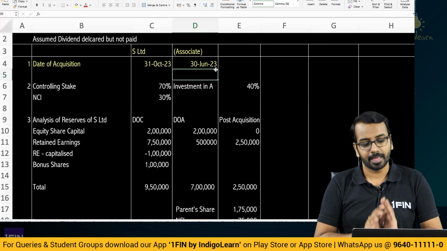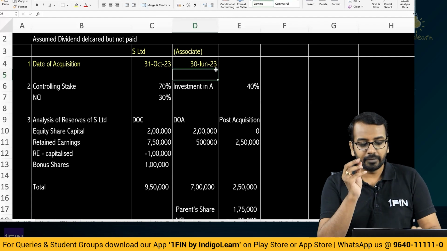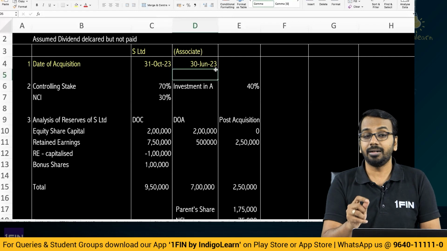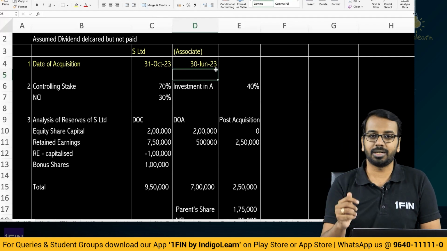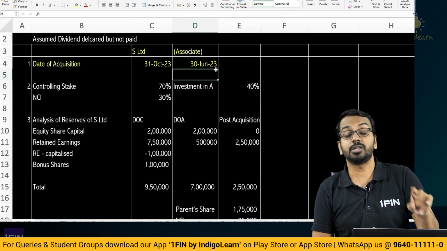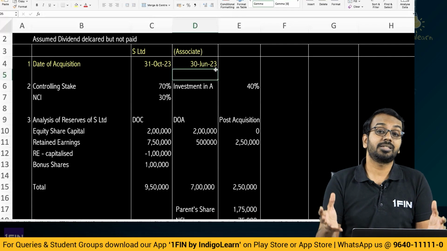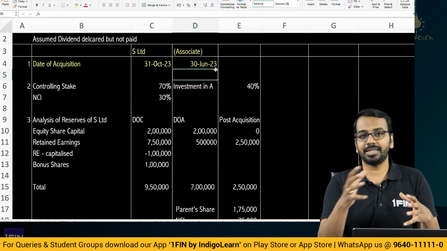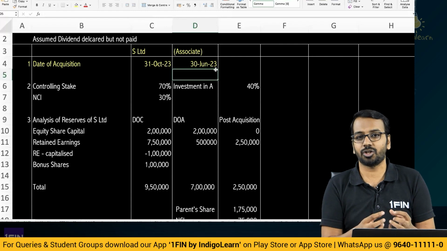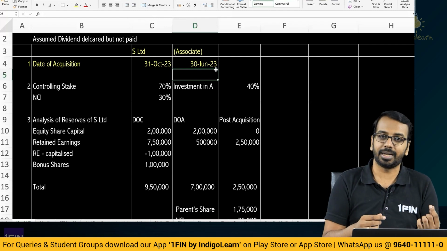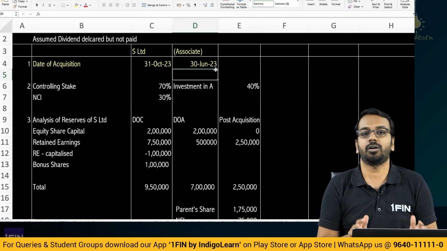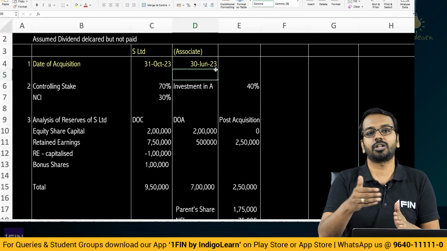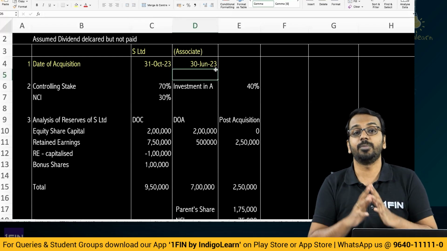Now one thing you have to understand is, when S Limited declares dividend, S Limited will reduce its retained earnings and make payment to its shareholders. But there is a group company, H Limited, and when there is this intra-group transaction, S Limited paying dividend to H Limited, we will have to eliminate it, we will not record that. Only the dividend that is paid to outsiders, in this case the non-controlling interest, will be recorded.